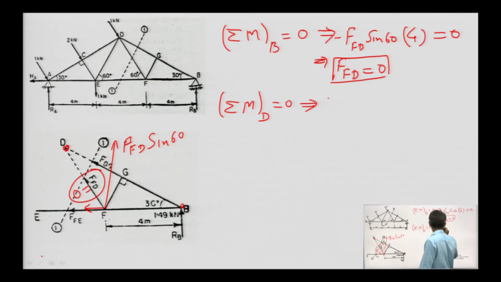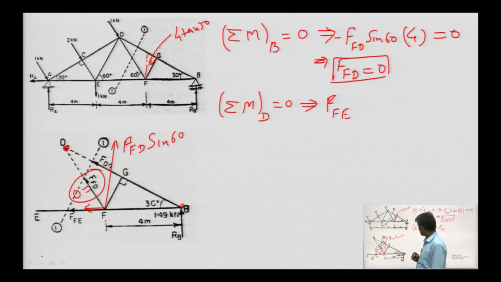This one F_E and the perpendicular distance, this one. What will this distance be? This angle is 30 and this one is 4, so it will be 4 tan 30. Yes, tan 30 equals this one divided by this.